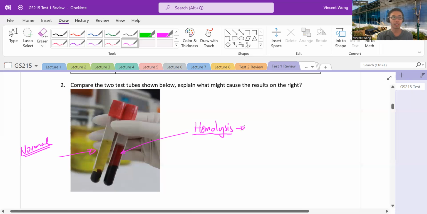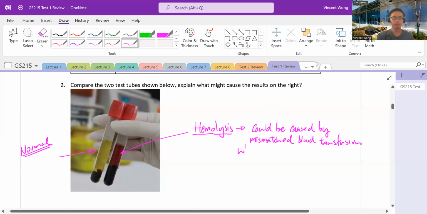Okay, so why hemolysis? Well, one reason could be caused by mismatched blood transfusion. I mean, there are other causes as well, okay? But this is the only one that we've learned, right?